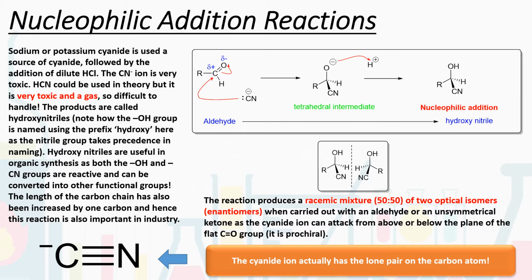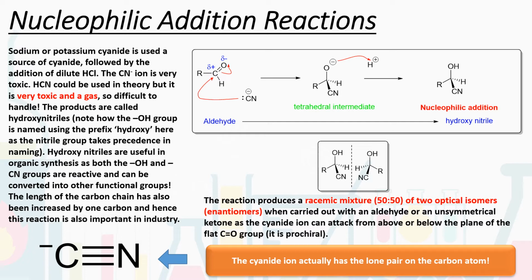But the reason why this produces a mix of optical isomers, and specifically a racemic mixture, a 50-50 mixture, is because our aldehyde is a planar molecule. What that means is that our cyanide anion, or whatever our nucleophile is, can attack from either above or below the plane of that carbonyl group.